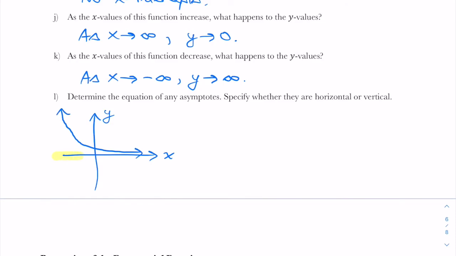Alright, there is a horizontal asymptote right over here, which happens to be the x-axis. So therefore, horizontal asymptote of y equals 0.